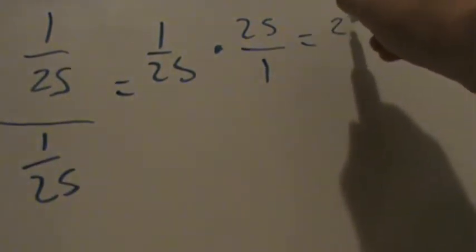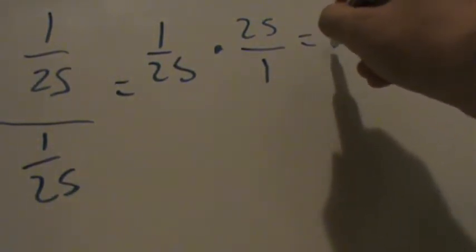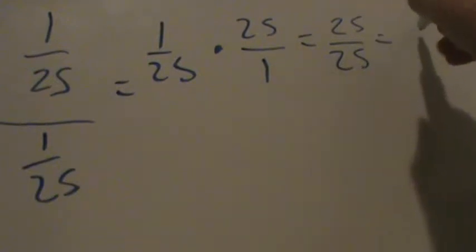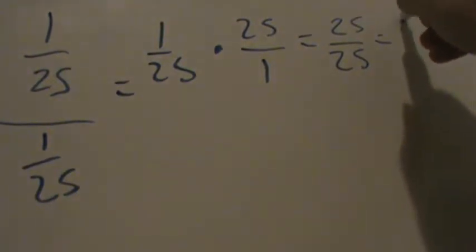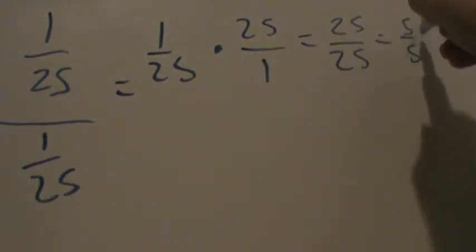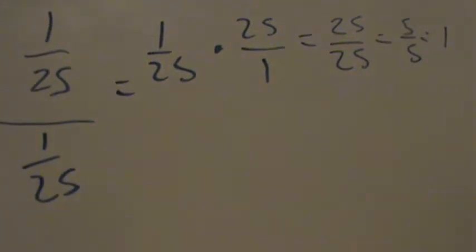Well, we write this as 25 over 25. Well, they share the same factor, 25 over 25, which is equal to 1. So I use the same example again, but I really have to drive this home because this is a very important idea in mathematics, to get this identity that a number divided by itself will give you 1.